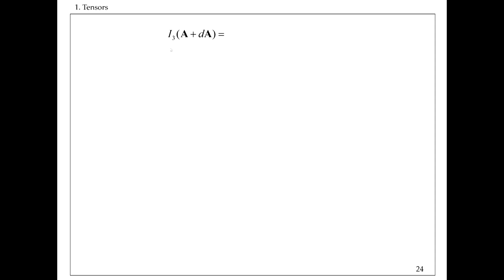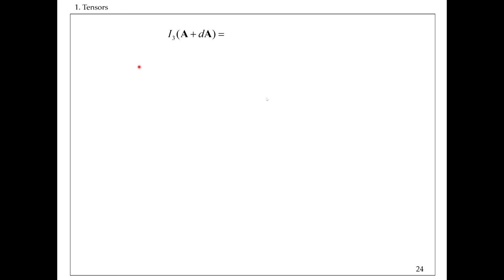The only difference now is that the arguments are not scalars but a second order tensor, but the logic is the same. We are calculating the value of that I3, that determinant function, if you like, at the point A plus some small change dA in A.